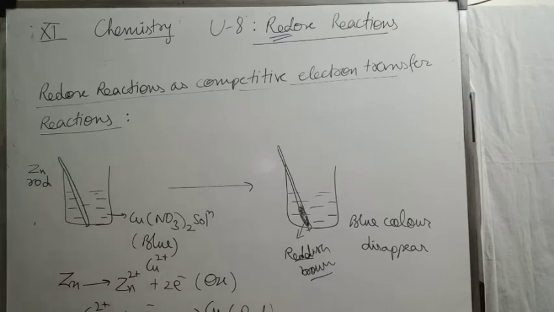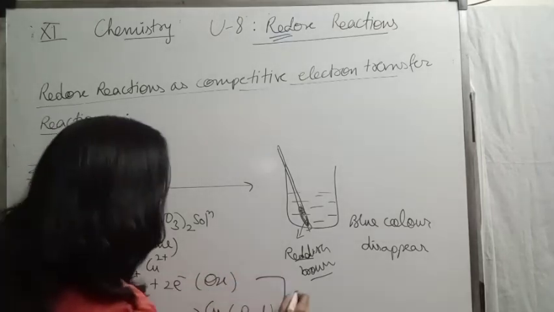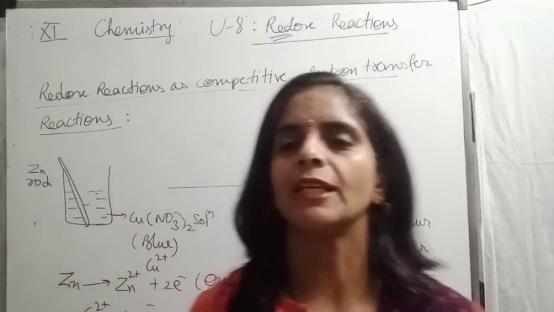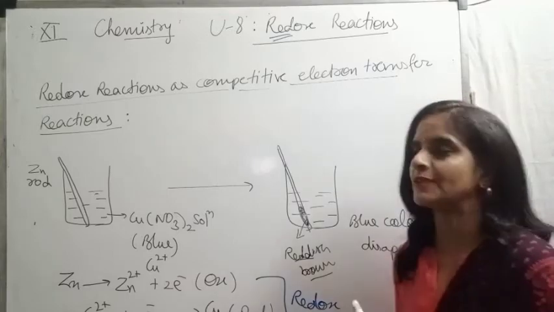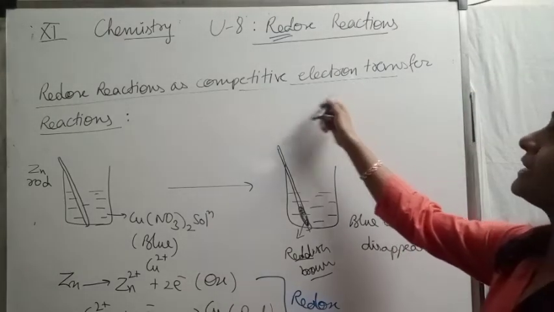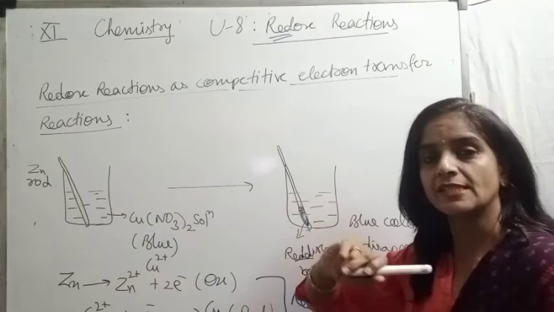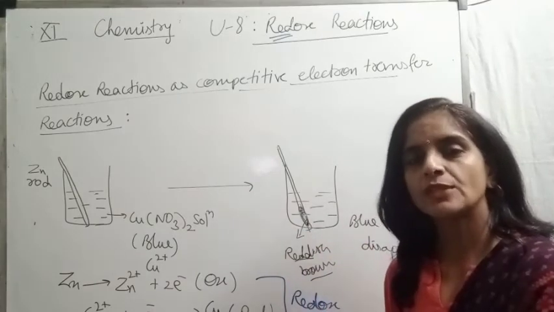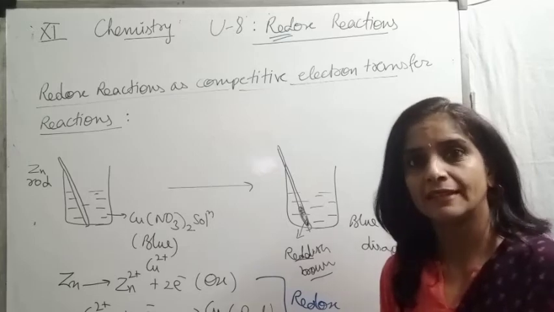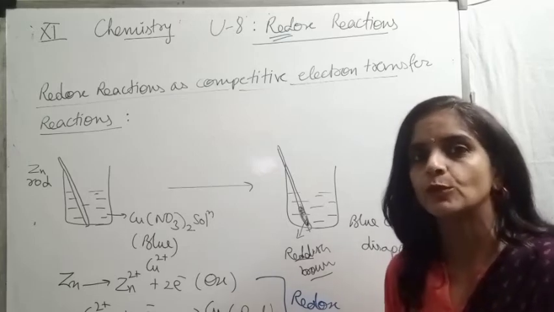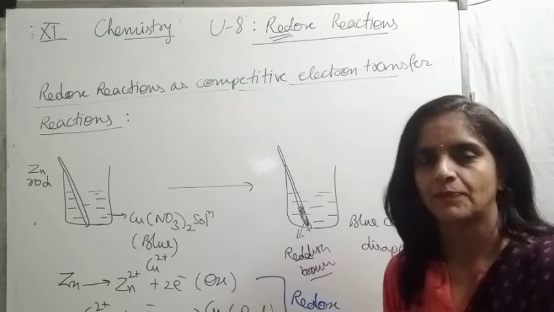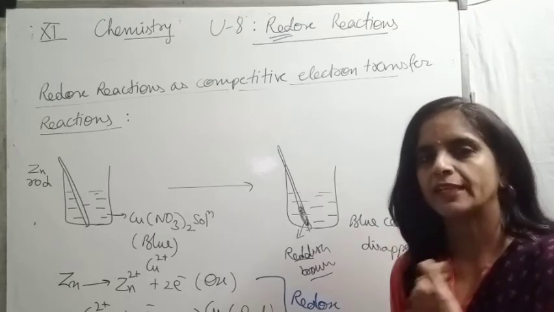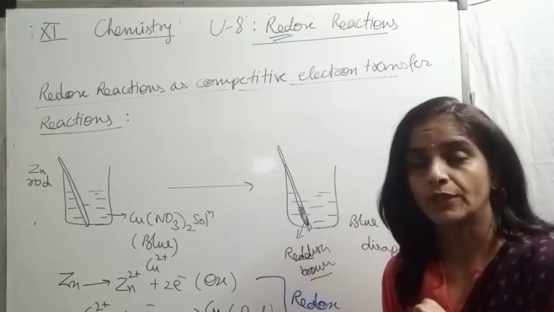Overall this reaction is termed a redox reaction, where both oxidation and reduction take place simultaneously. This is the meaning of competitive electron transference reactions: zinc will lose the electrons and copper will gain them, because in the presence of zinc copper has more tendency to receive electrons as compared to losing them. So of course the forward reaction is fast, not the backward.